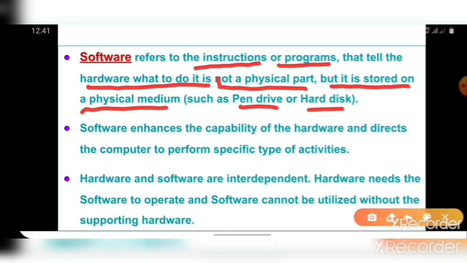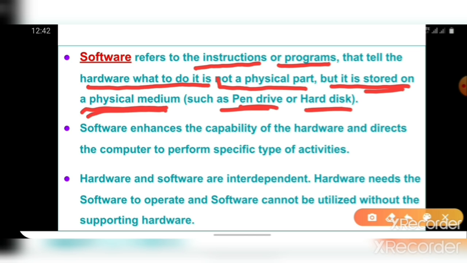The instructions that we give to the computer to perform certain tasks are called software. You cannot touch software, but it is stored on physical storage media like pen drives and hard disks.